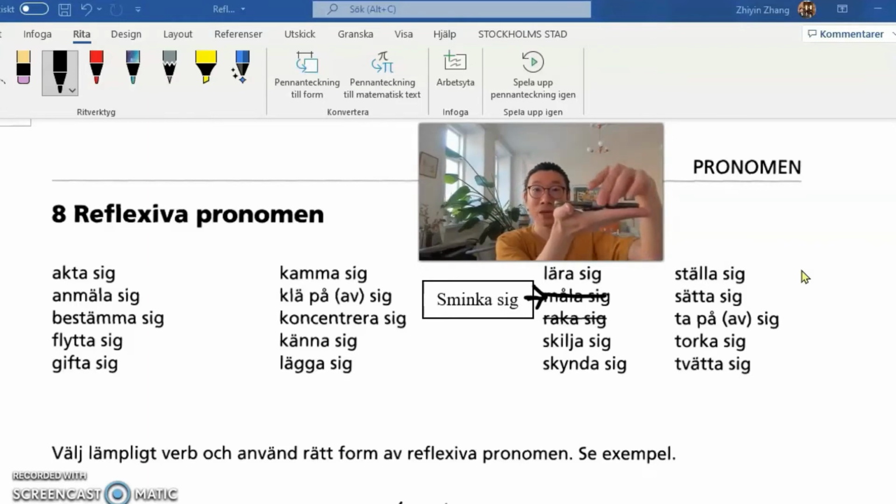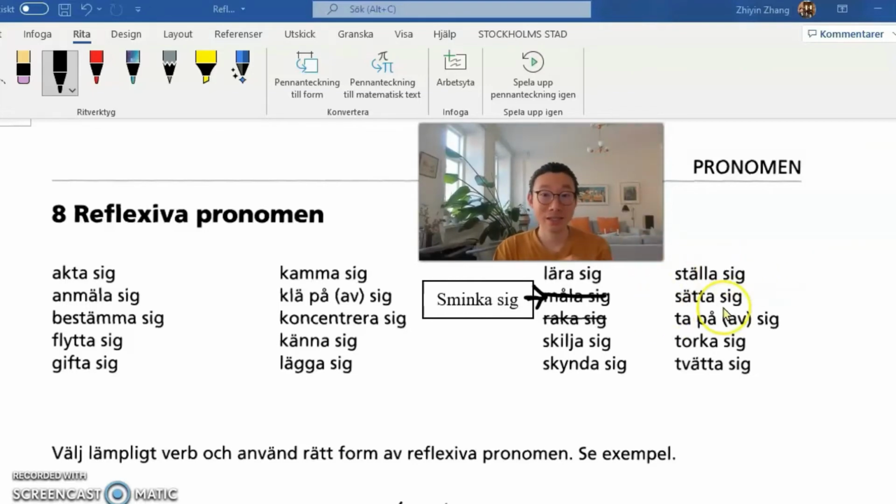I am putting my mobile phone on my hand, so it's lying. So I would use lägga in Swedish. Men jag ställer mobilen på min hand. I am putting my mobile phone on my hand so that it stands. In this way, we would use ställa in Swedish.